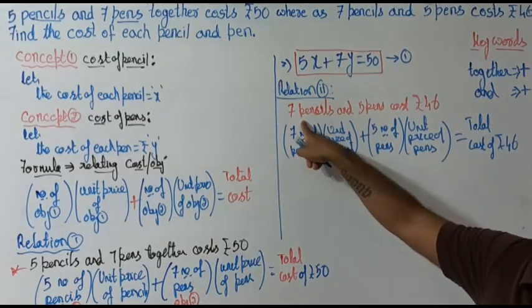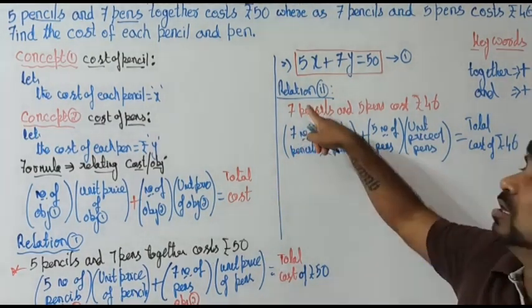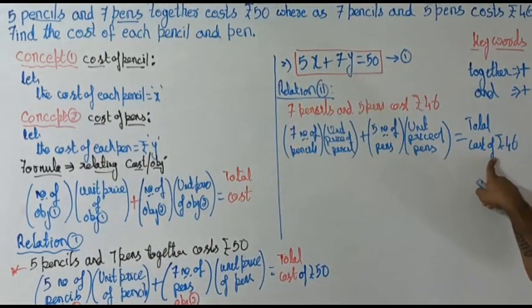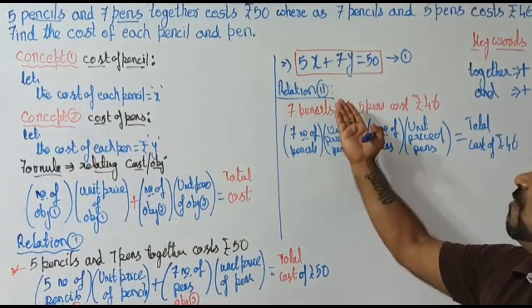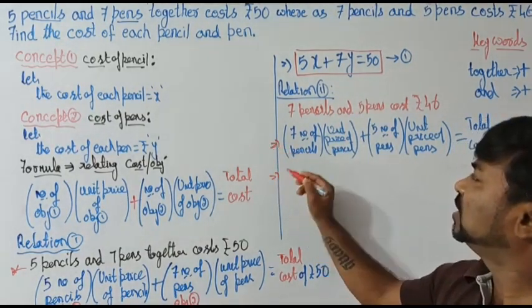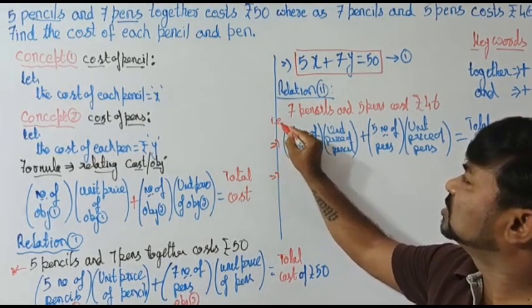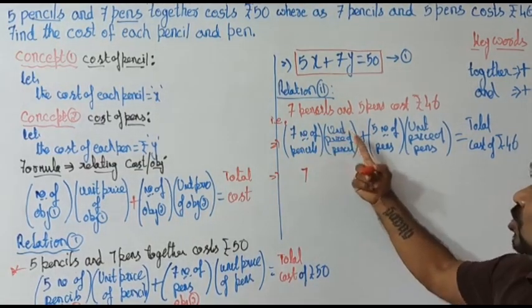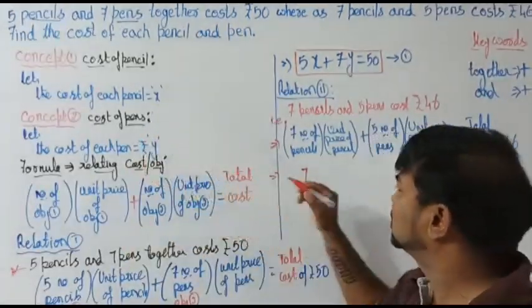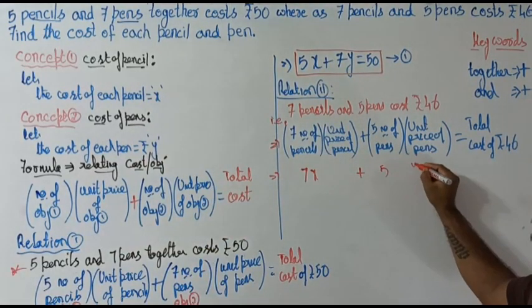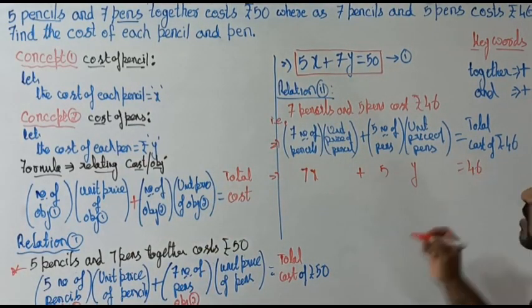This is the sentence form of the relation from the question. This is the symbolic form of the relation from the sentence. Now we are writing 7 as the number, unit price is x, so 7x plus 5y equals 46.